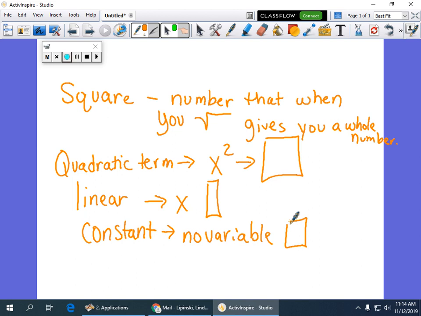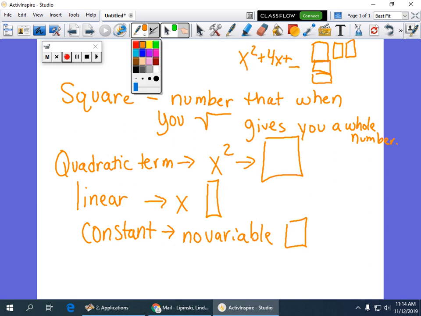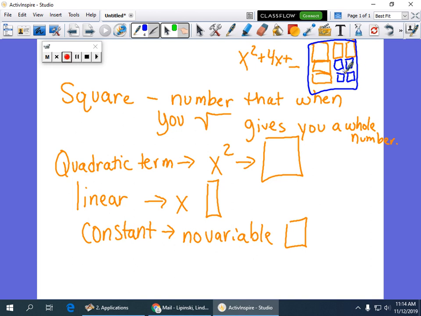In algebra, if your teacher wanted to show you the problem, x squared plus 4x plus blank, it looks like this, yes? I need to fill it in so it makes a big square. So how many constants do I need? 4.